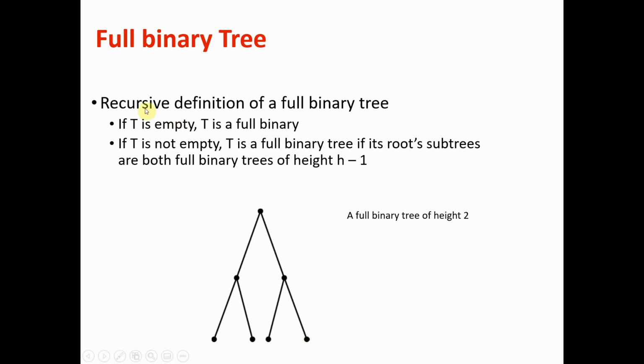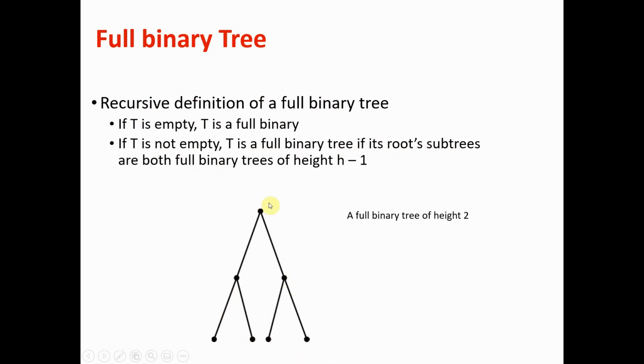Another definition, which is a recursive definition of a full binary tree: if T is empty, we consider it a full binary tree. If it's not empty, T is a full binary tree if its root's subtrees are both full binary trees of height h minus 1.